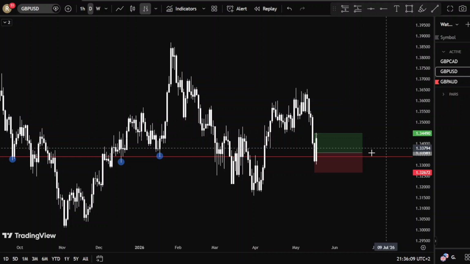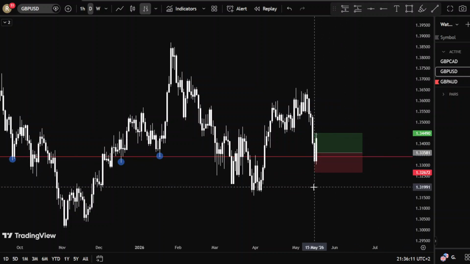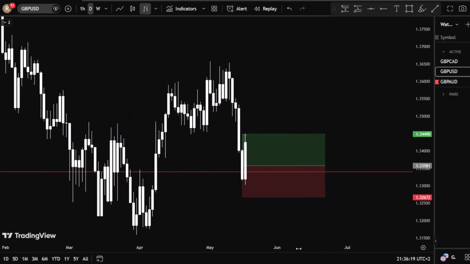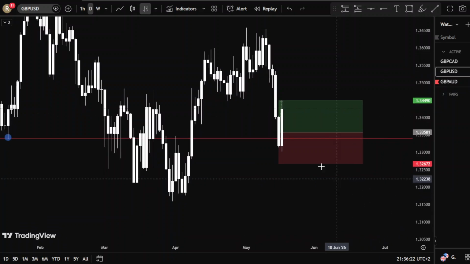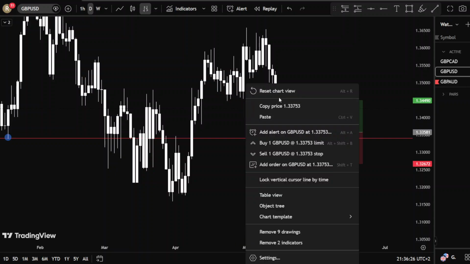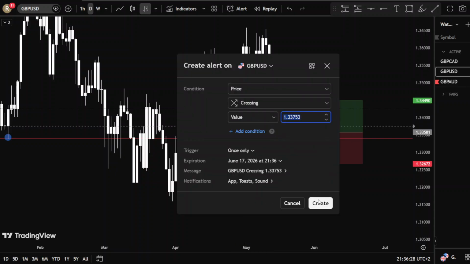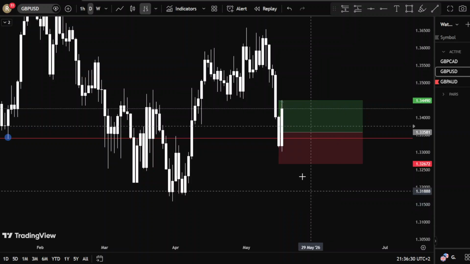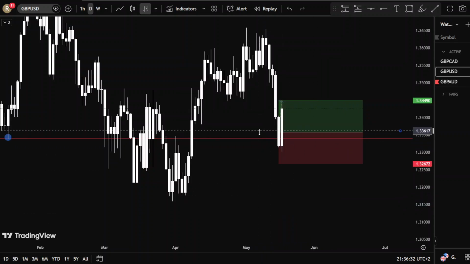So anyway, the same thing happened this morning as with GBP CAD, or actually on Friday, the 15th of May. I didn't take the trade. I put an alert, right click, add alert, alert on the red line.